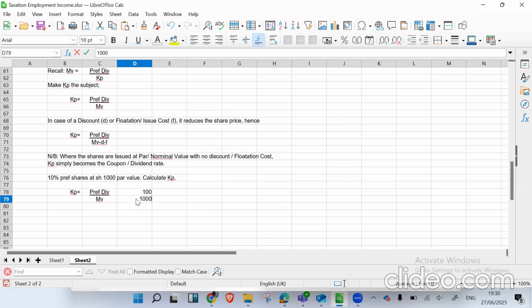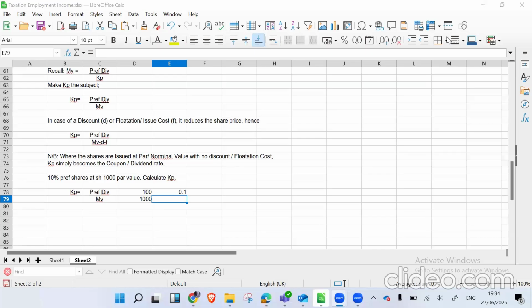So the market value is the same as the par value. So if you do this divide by that, and you make it a percentage, if the shares were issued at par and there is no discount or flotation cost, KP simply becomes the coupon rate or the preference dividends or the dividend rate.